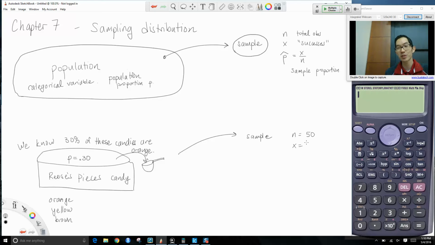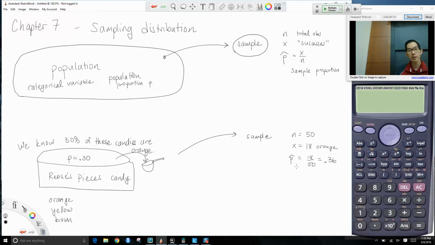Maybe, let's say 18 of them are orange. Okay? So in this case, my p hat would be 18 over 50, or 0.36 orange. Okay?